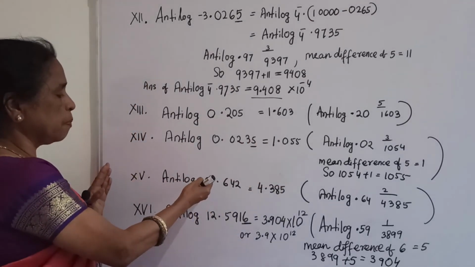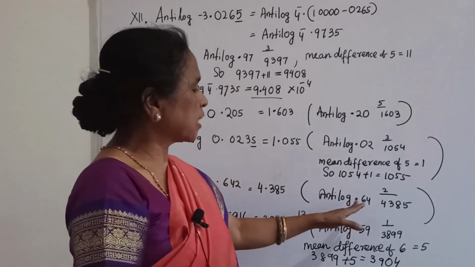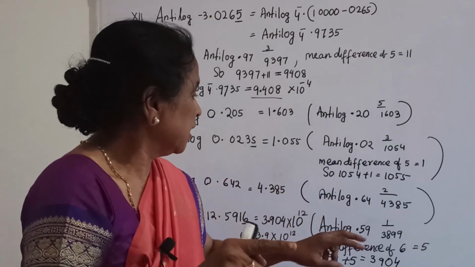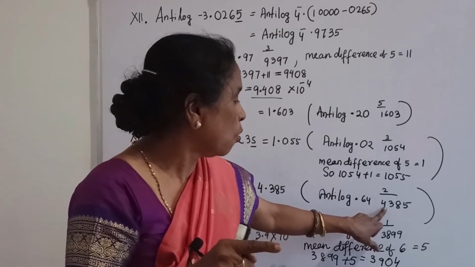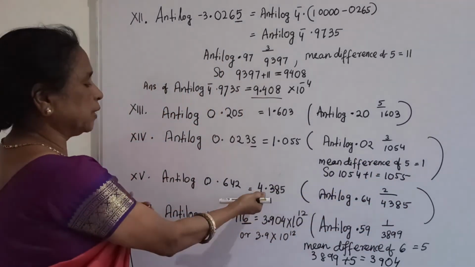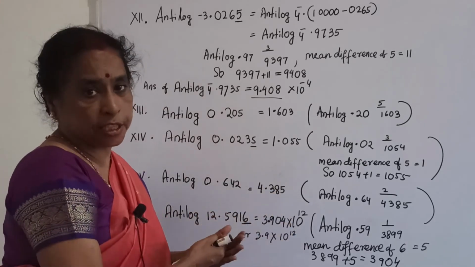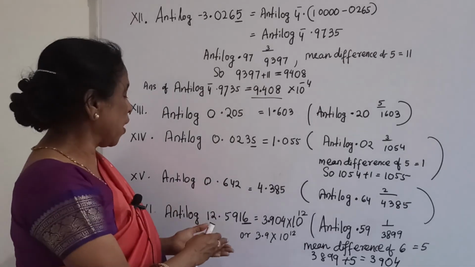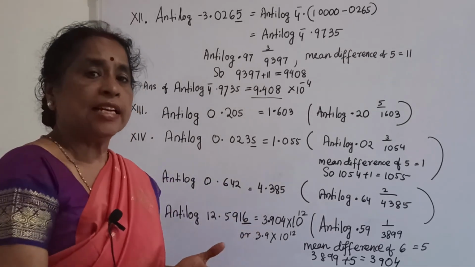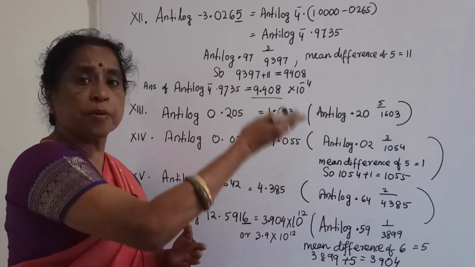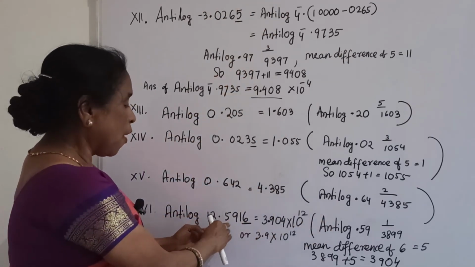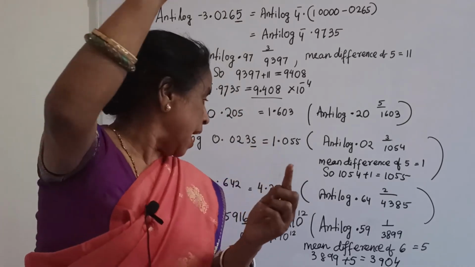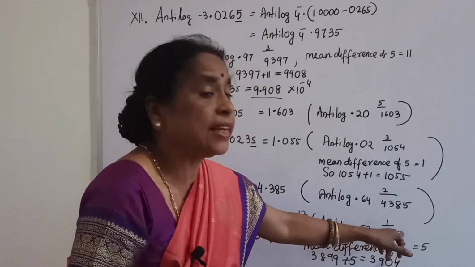Antilog of 0.642 is the same. You check 0.64 and go to 2. Then what is the value given? 4385. Put 4385, but after one digit you put the decimal. Similarly, antilog of 12.5916 is very easy. For 12 you write 10 to the 12. Then see 0.591: you go to 0.59, and what is the value? 3899.